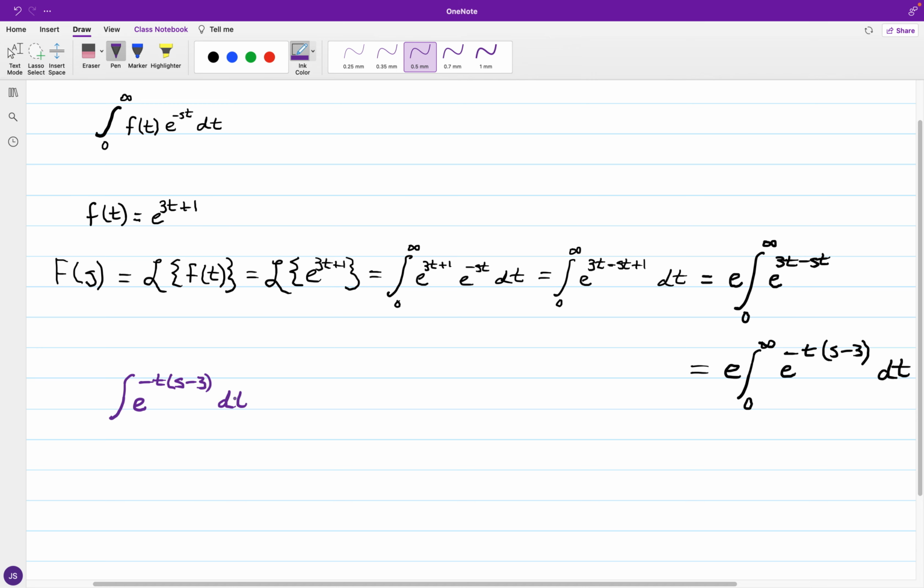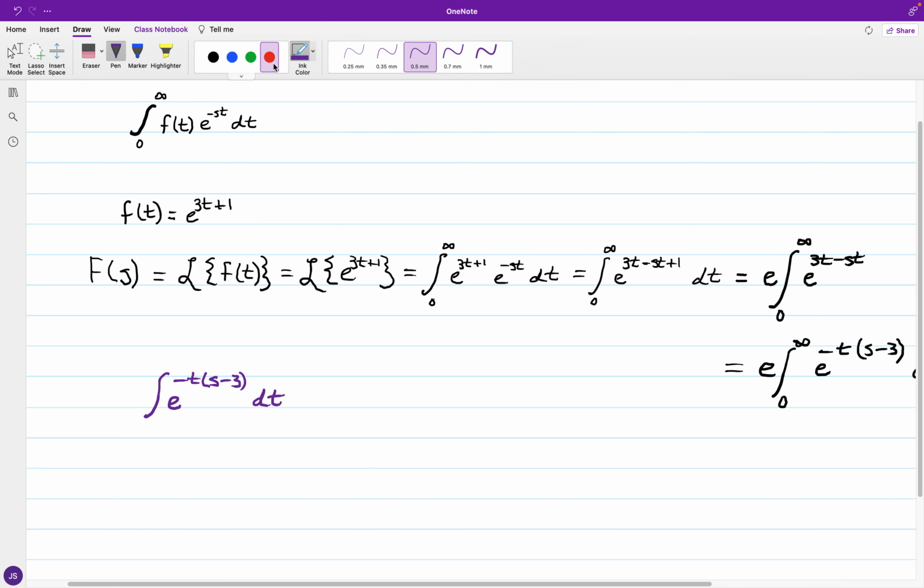Okay, and here we can apply u substitution. Say u is equal to negative t times the quantity of s minus 3, and taking the differential over both sides, we have du equal to the negative of the quantity of s minus 3 dt.